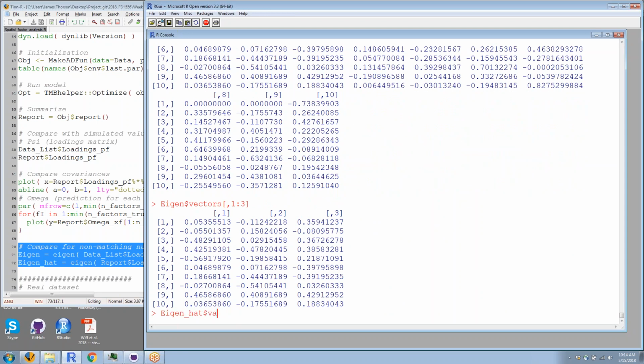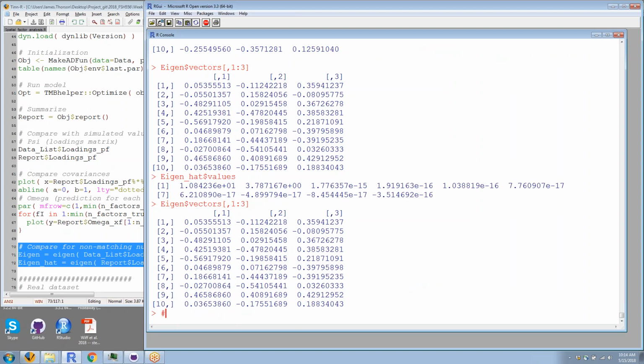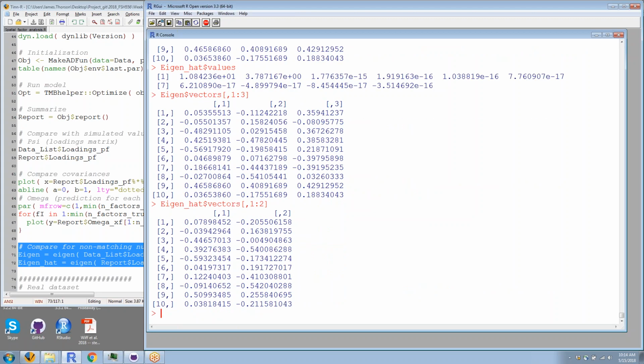And similarly, if we look at the eigenvalues of the estimate, only the first two are non-zero, and all the other ones are zero. So I can look at eigenvectors 1 through 2 of the estimate at the same time. If we look at it in this visualization, the dominant eigenvector for the true and for the estimated look pretty similar in terms of the big values.